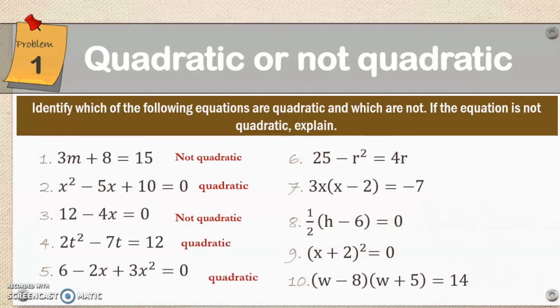Number 5, quadratic. Number 6, quadratic. Number 7 is quadratic. Number 8, not quadratic. The degree is not 2. Number 9, quadratic. And number 10, quadratic. Okay, very good. Nakuha?